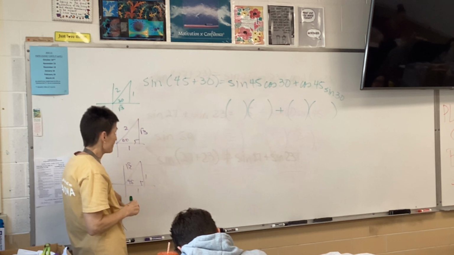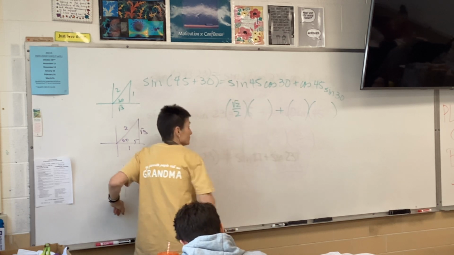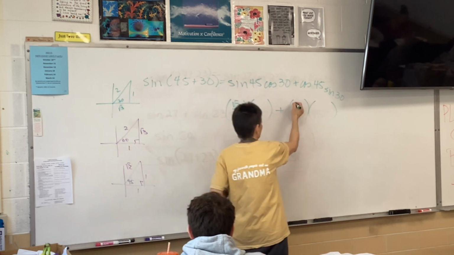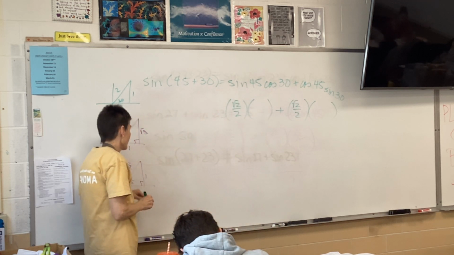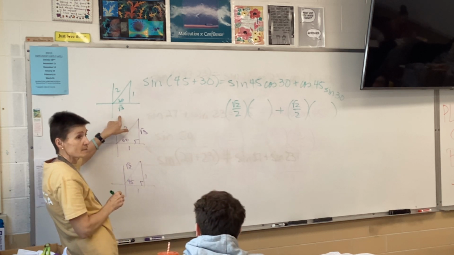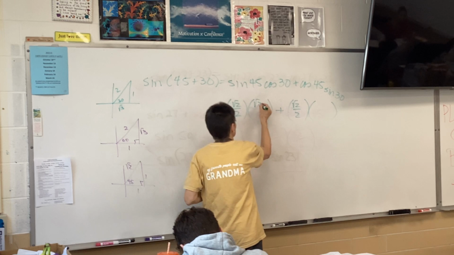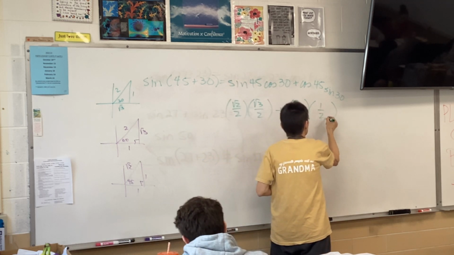So sine 45 is root 2 over 2. And oh, by the way, so is cosine, right? Fill that one in. Cosine 30 is root 3 over 2. Sine 30 is 1/2.